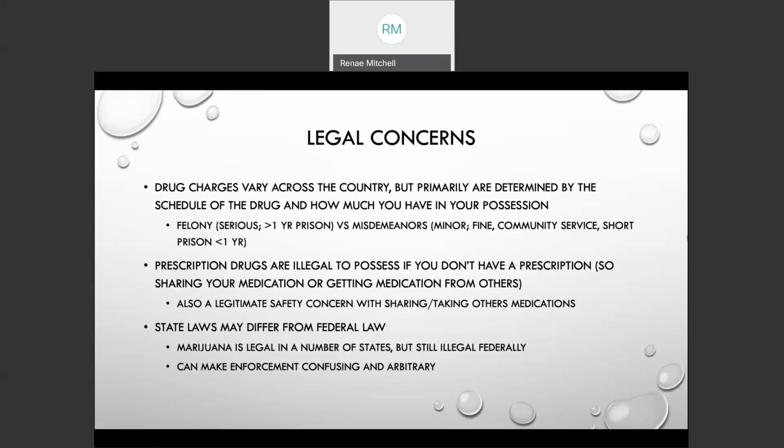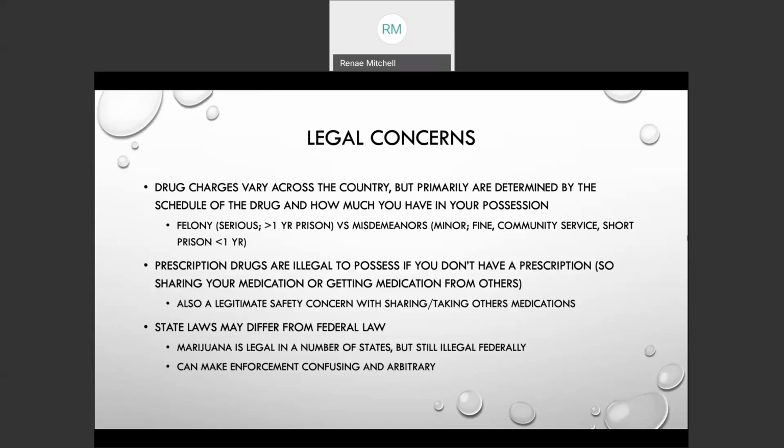And so then enforcement of laws becomes kind of confusing and arbitrary when there's this discrepancy between the states and the federal government. So under the Trump administration, they were prosecuting federal marijuana laws to a greater degree than they were under the Obama administration. And so, you know, these things also change quickly and without notice.